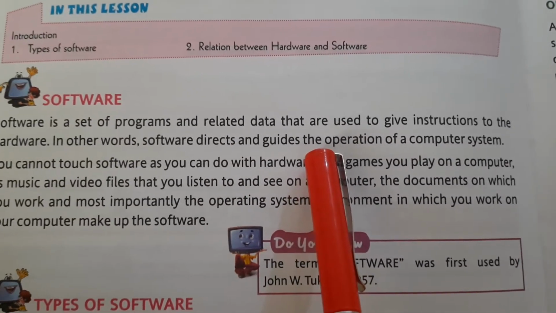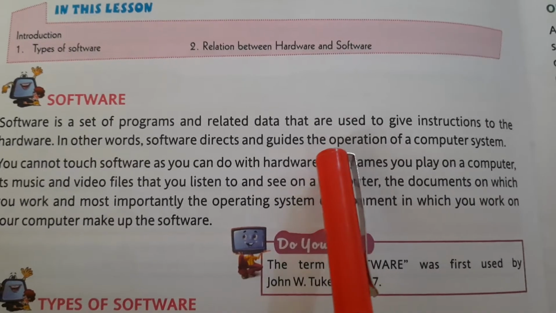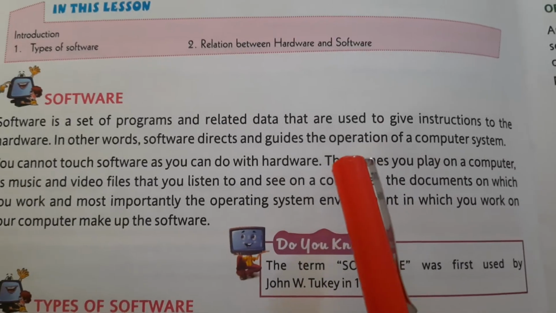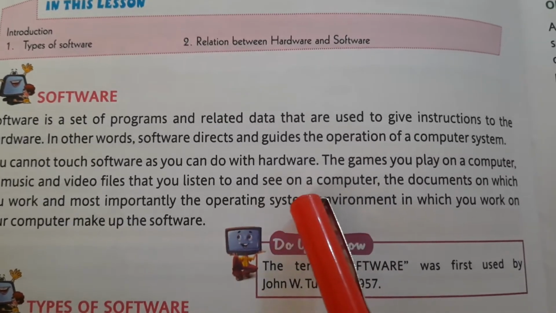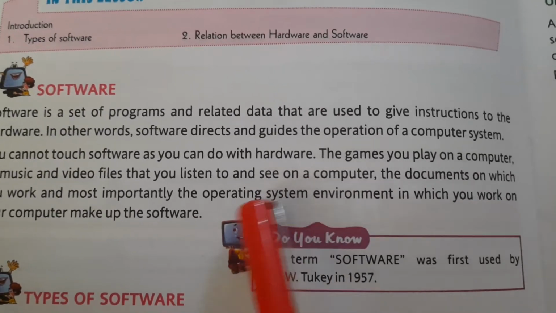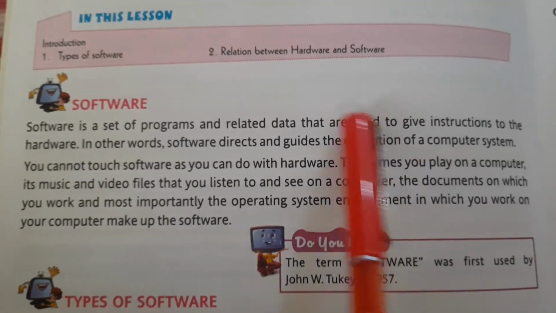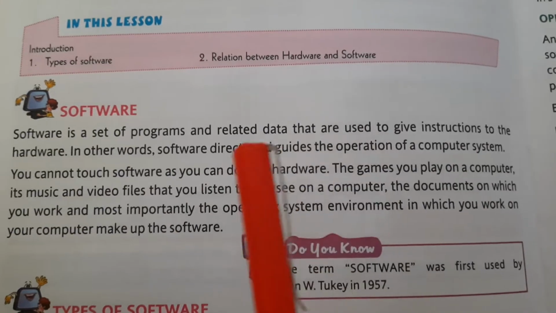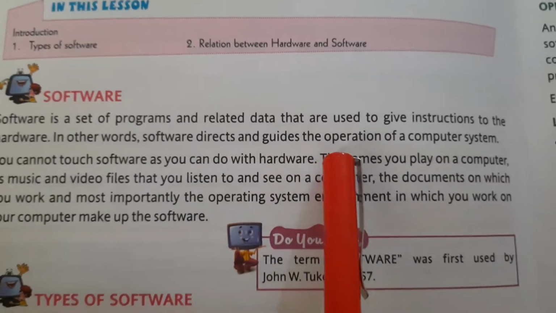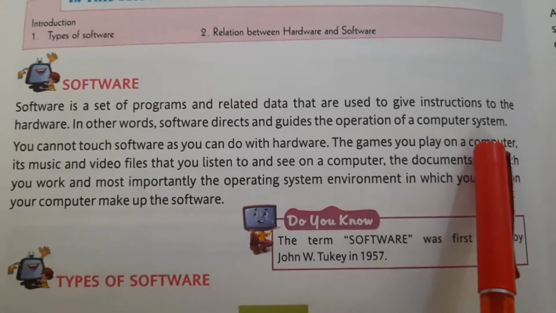Like in case of paint application, it guides the mouse as to how it has to function. In case of MS Word, it guides in another way. In case of PowerPoint, it guides in yet another way. So depending upon the program, depending upon the application, it guides and controls the operation of a computer system.